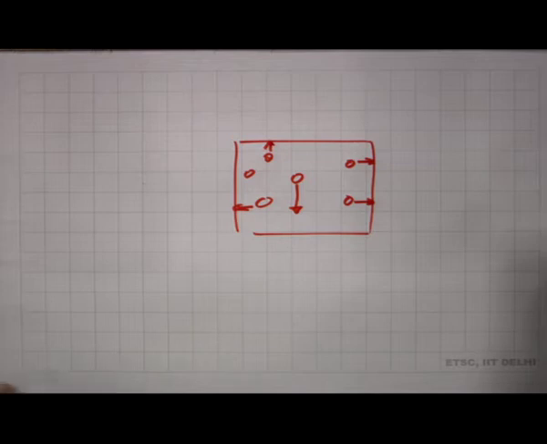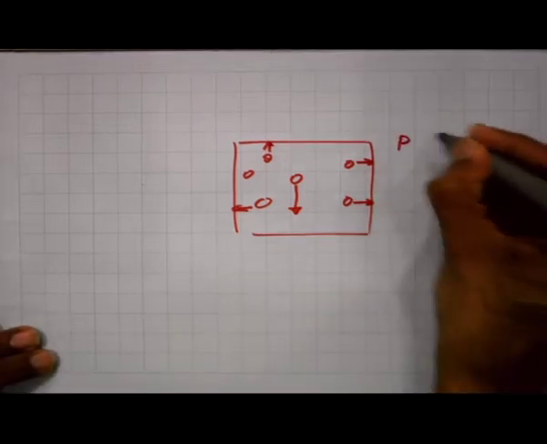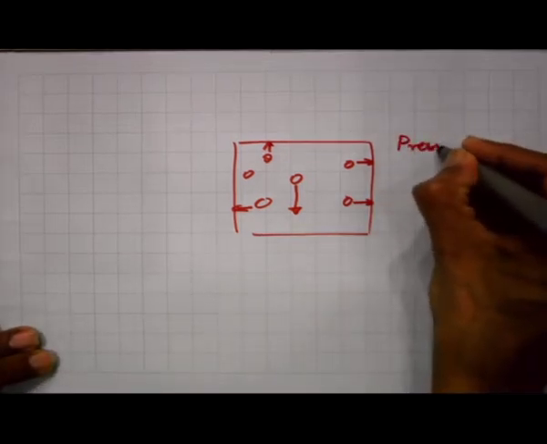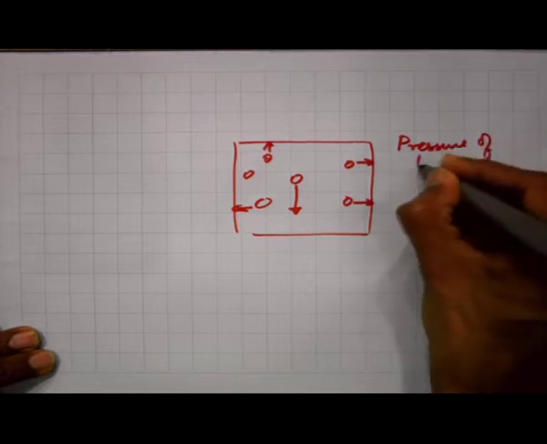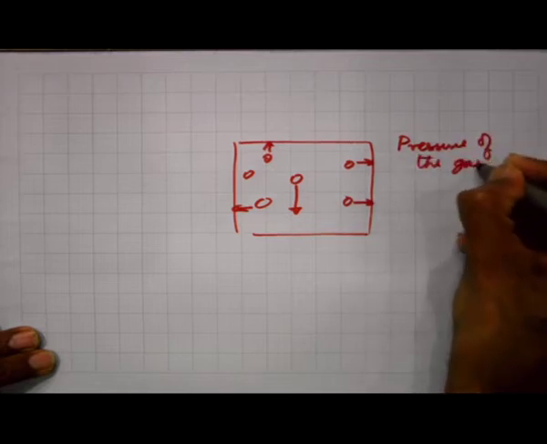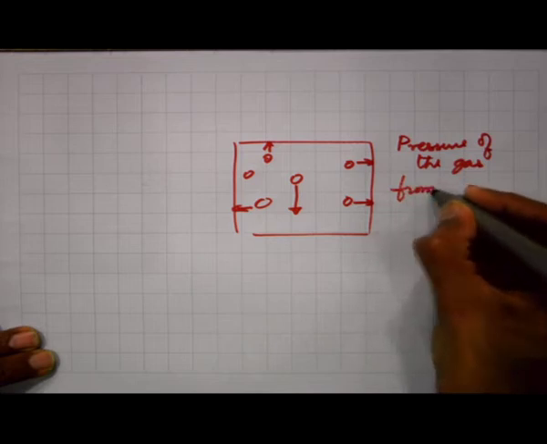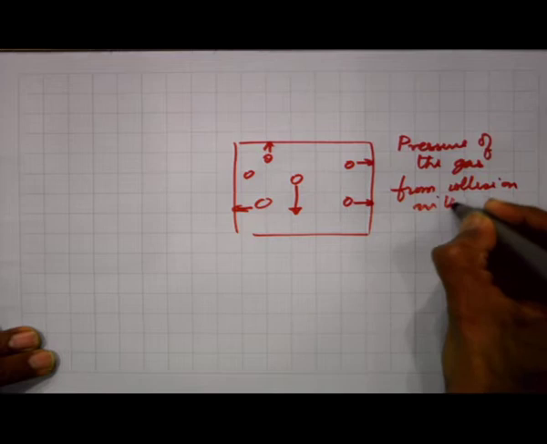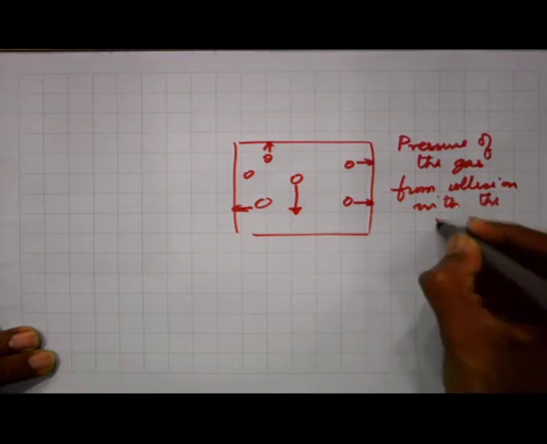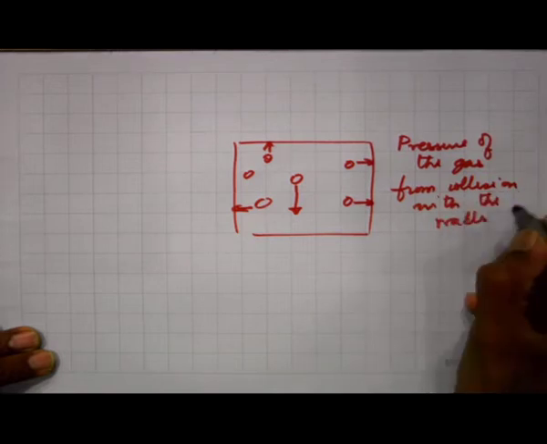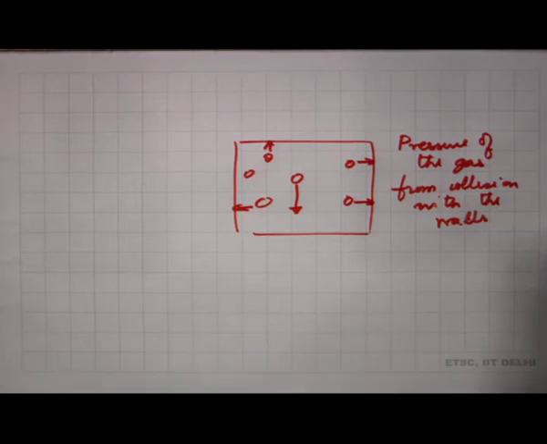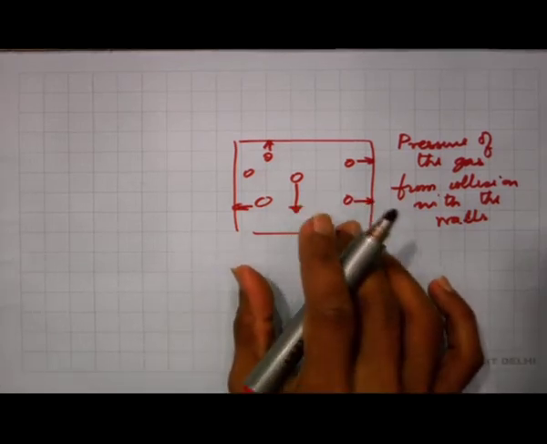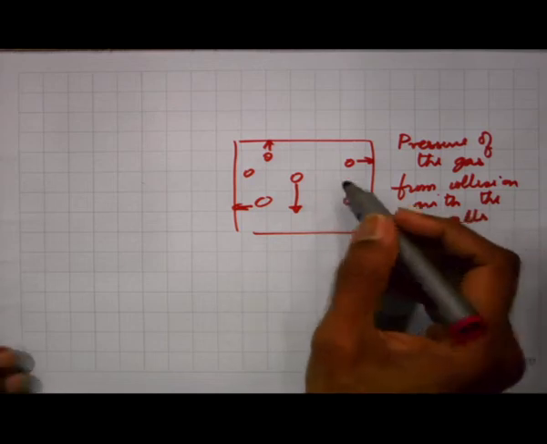So, the pressure of the gas arises from collision with the walls. Now, under typical densities of where the gases exist, what is going to happen?